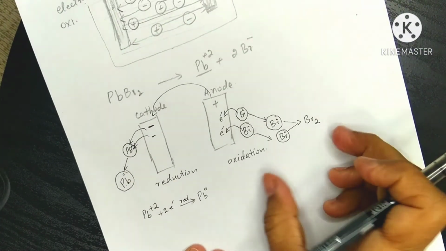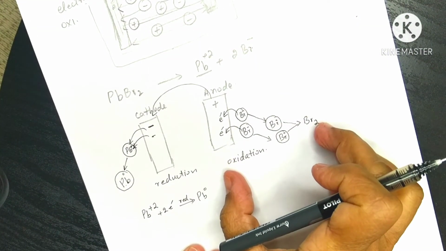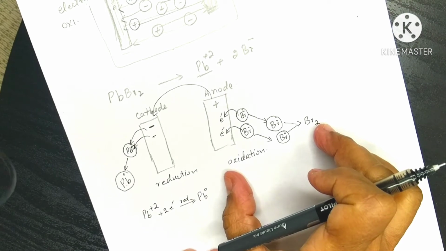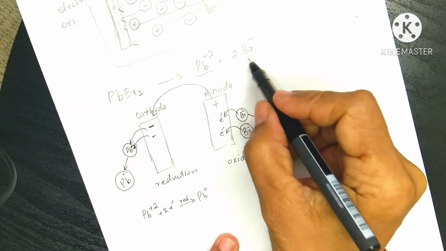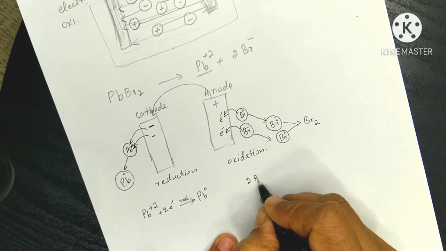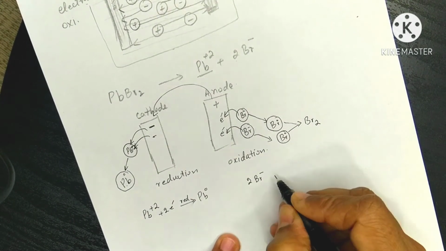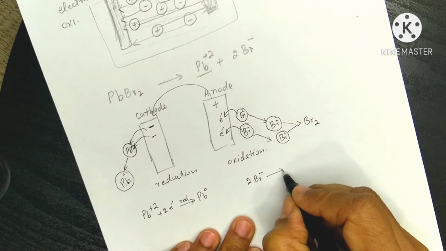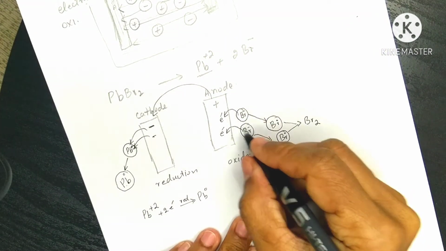And now in this half oxidation process, we have these 2 bromide ions, and these bromide ions will release the electrons here.